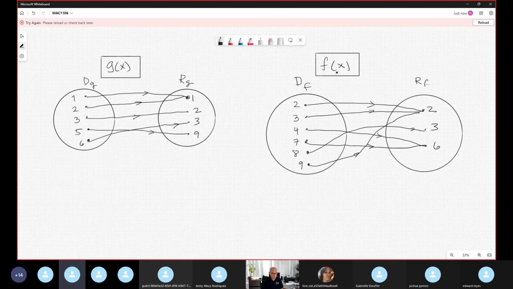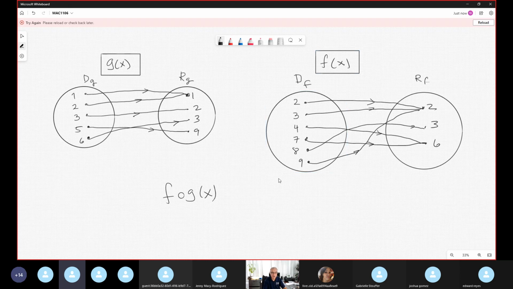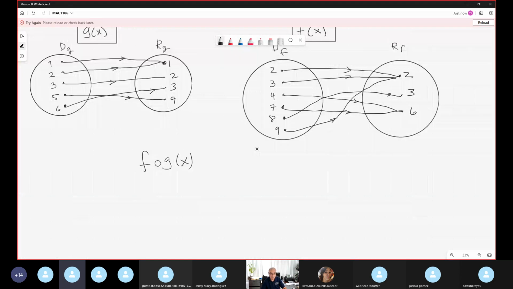Okay, here I need to investigate f composition g of x. Of course there is no expression because it's an arrow diagram, but I need to investigate the domain. Remember, the interpretation of the composition is two functions connected by a chain of functions. The first block is g, it's obvious, right?